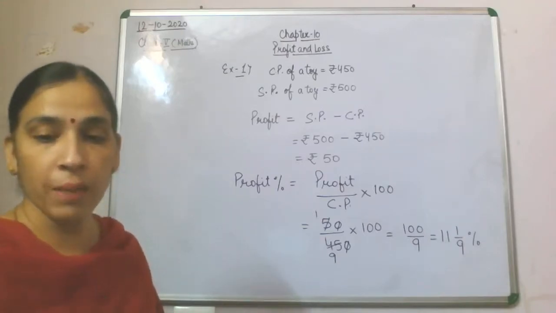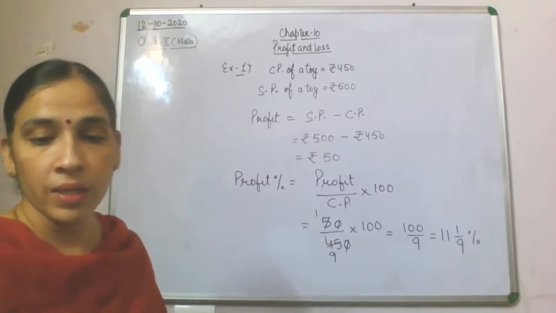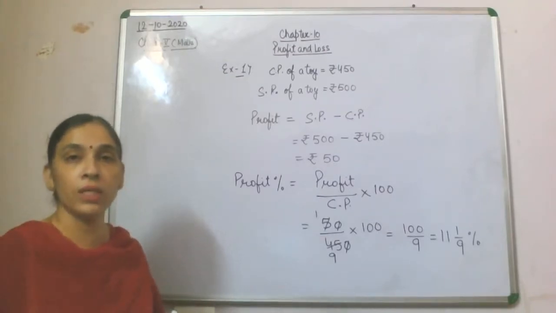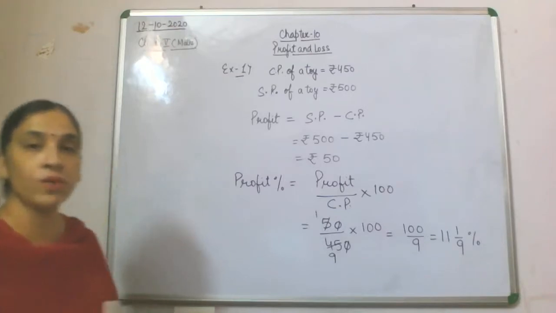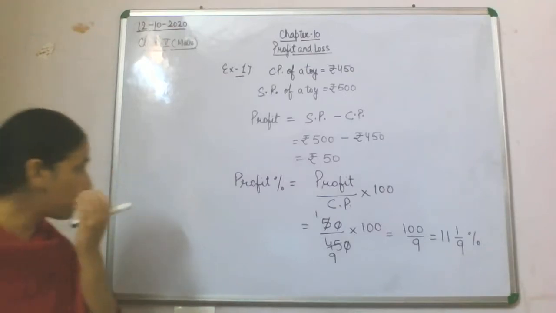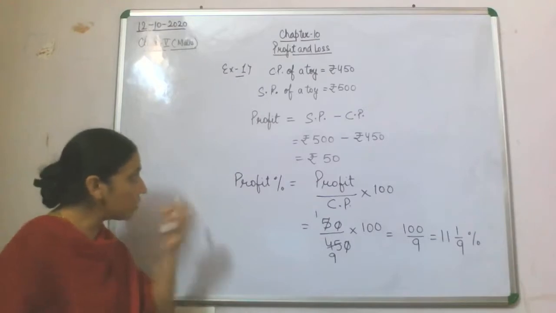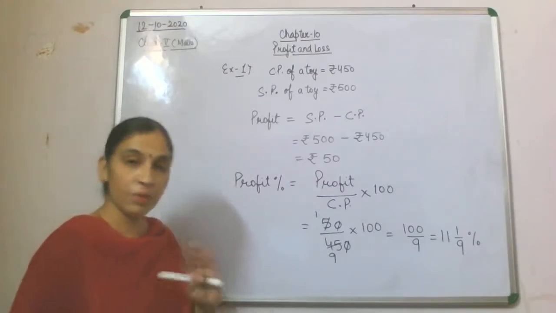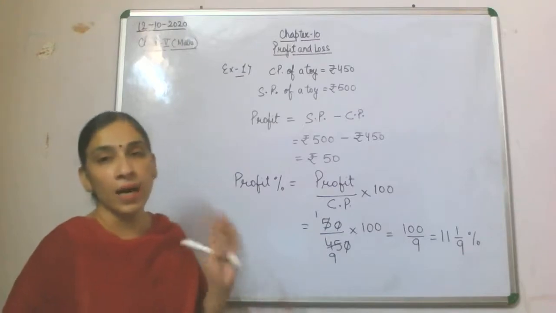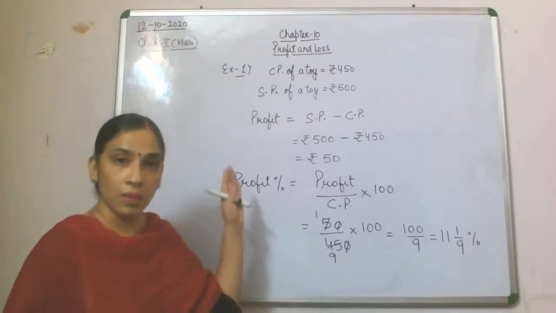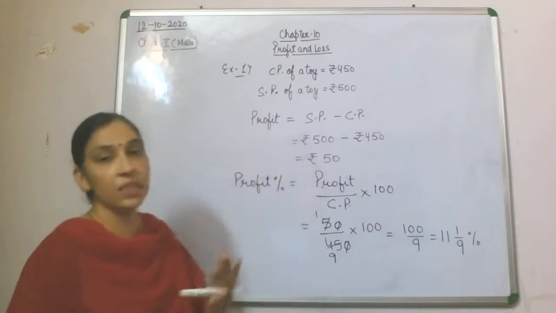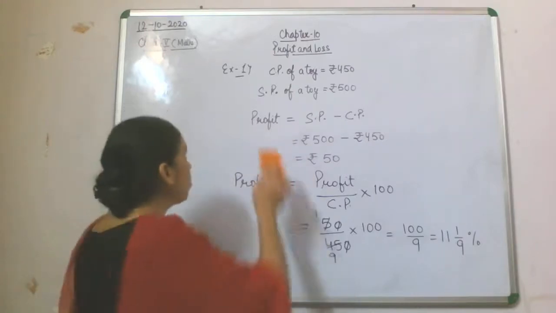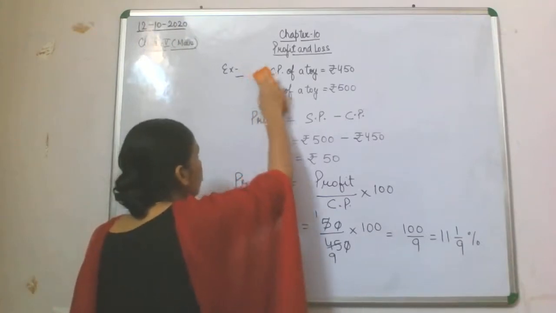Now come to example 2. We have done one question of profit percent. In another question, example 2, we are going to take loss percent. These two formulas are quite important and you have to remember them, as well as how you can find out in the question whether you are getting a profit or a loss.